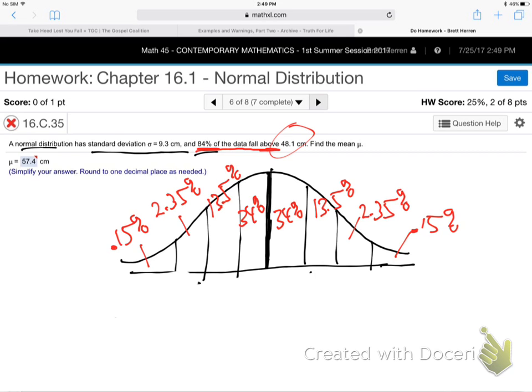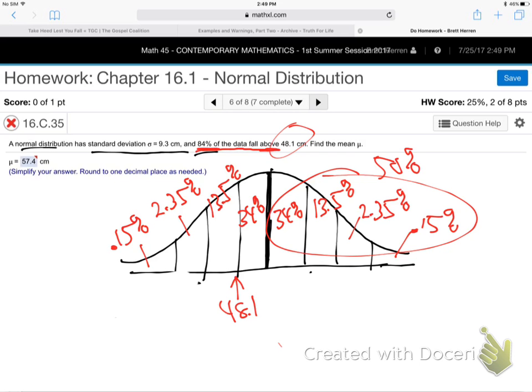What if I stop my finger right here on this first line to the left? What percent of the curve is to the right? Well, more than half, because 50% is from the middle, plus 34, what percent? 84, that's our spot. Do you see that? Right here must be that 48.1. Why? Because all of this is 50%, it's half the curve.